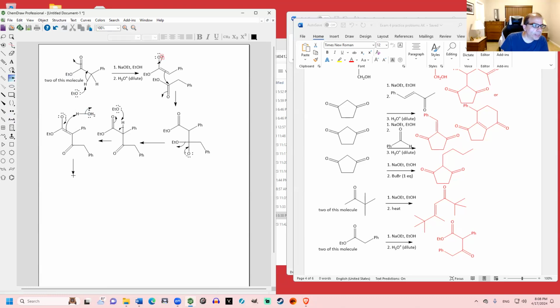And will give you the same molecule back. We already knew that 2 steps ago. So to answer this question, we really only needed this structure. But if we were drawing out the full mechanism, it would look like that.